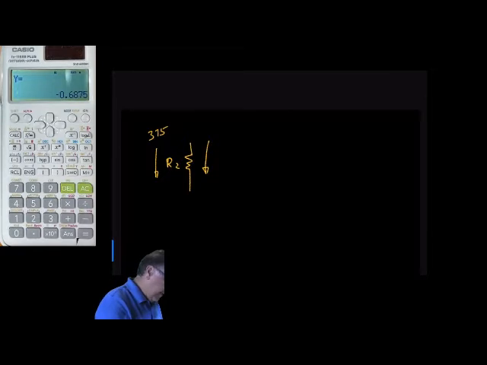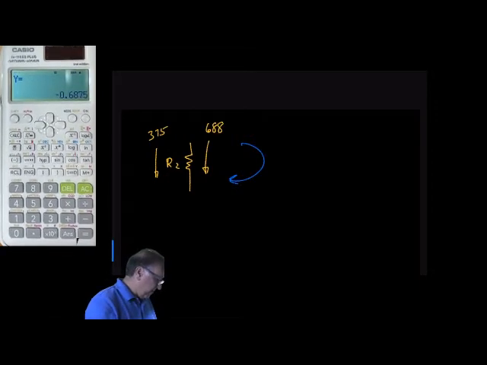Now we can find the voltage across R2. So we have 375 going this way. We have minus 688. However, because we've defined the current in this direction, it becomes a plus 688 in this direction, down through the resistor.